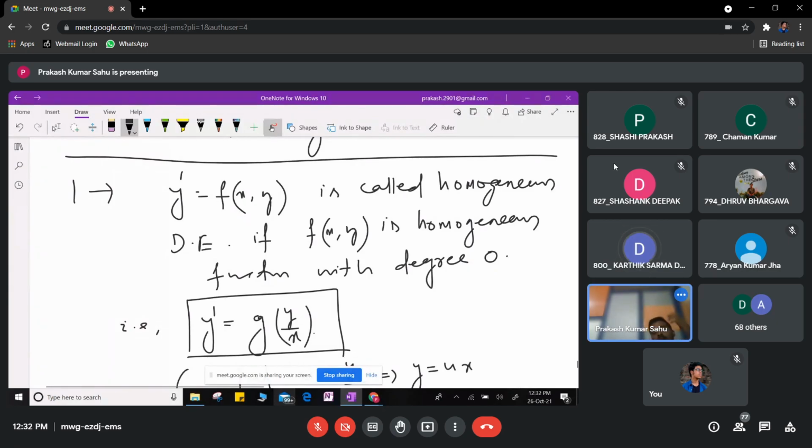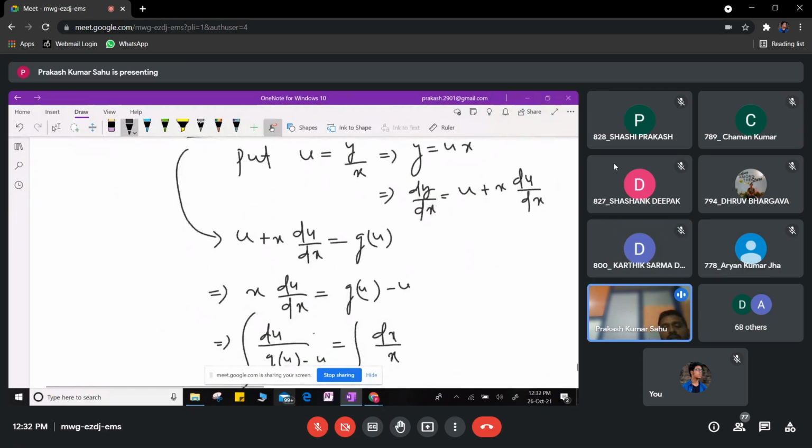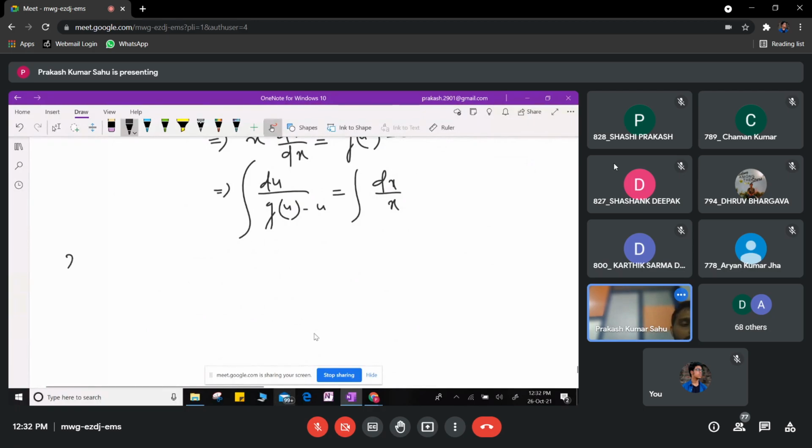Similarly, another way is, suppose M(x,y) dx plus N(x,y) dy is equal to 0.